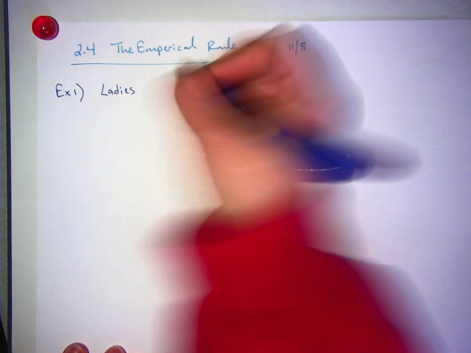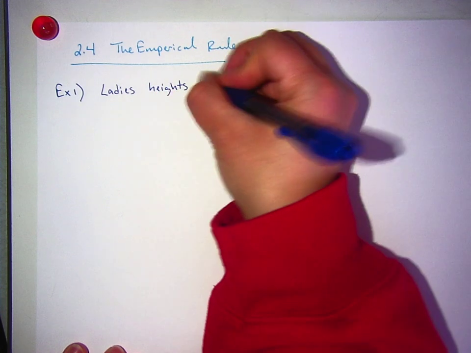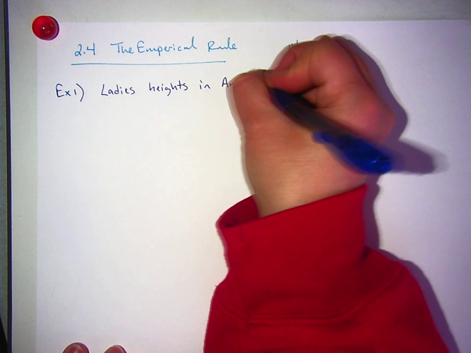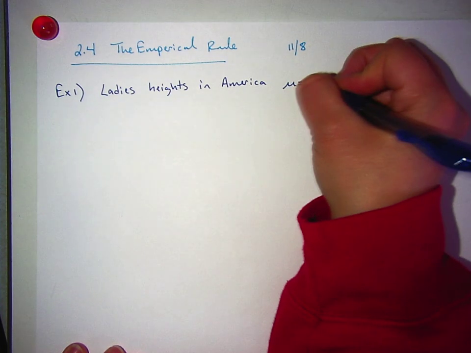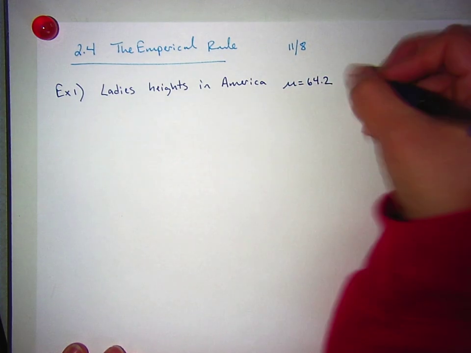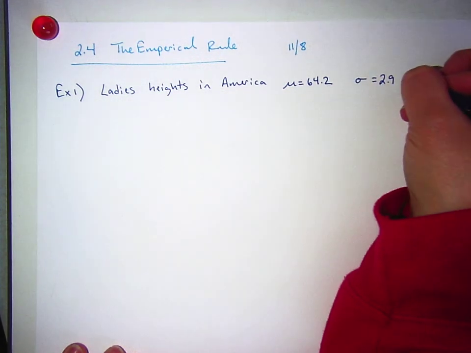Ladies' heights in America have a mean of 64.2 and a standard deviation of 2.9 inches.